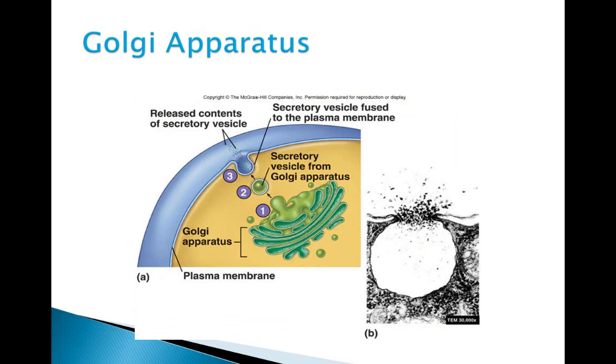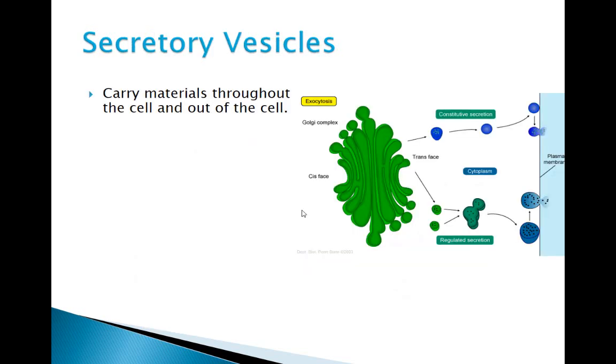Here you can see the Golgi apparatus. It is finalizing its packaging here of the protein, and it is now sending it out of the cell. So again, it goes from the rough endoplasmic reticulum to the Golgi for finalization, and then from there the Golgi sends it out.